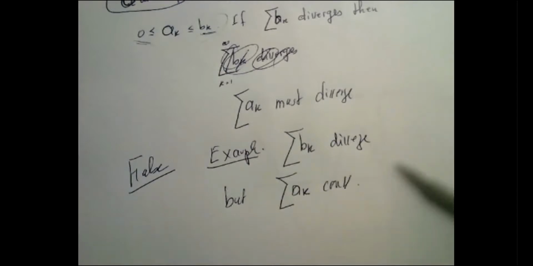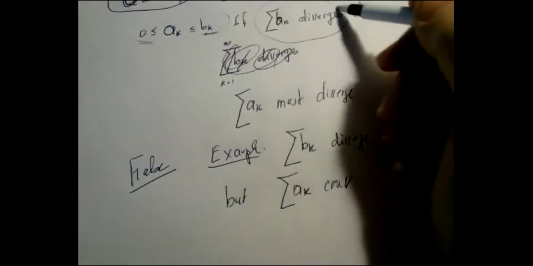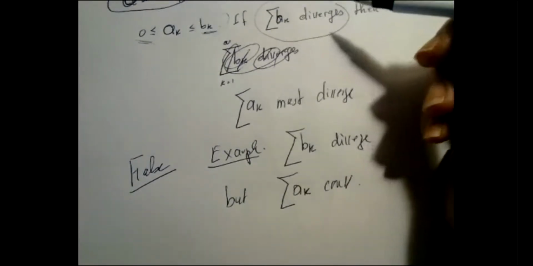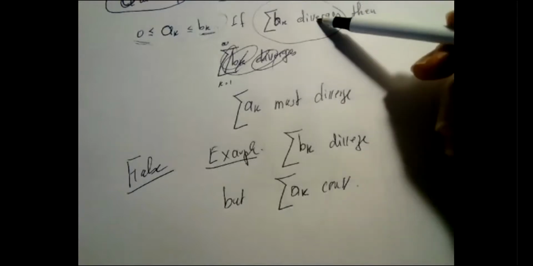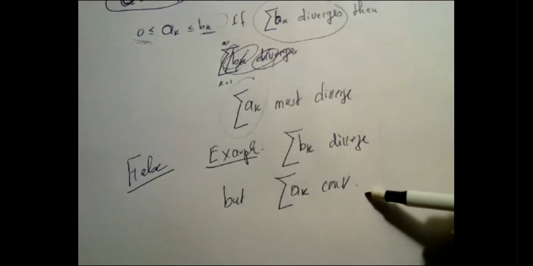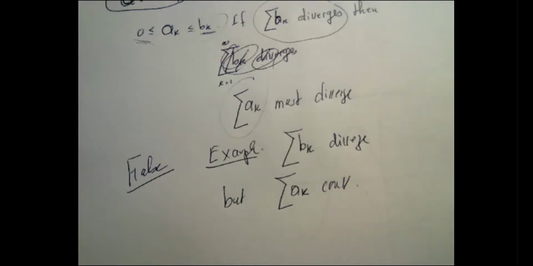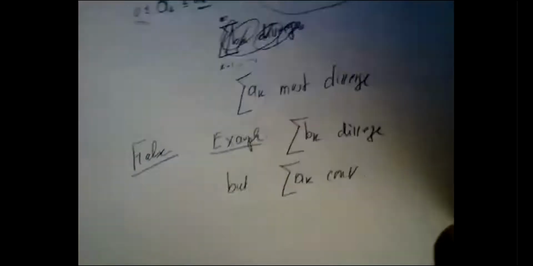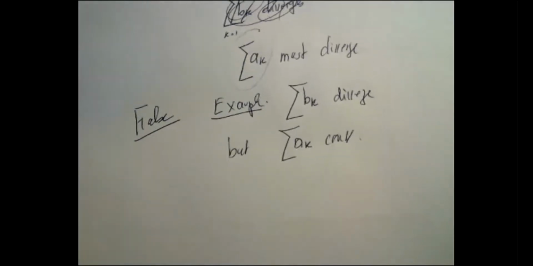So in the example, the property is satisfied, which we usually call the hypothesis, but the conclusion, sigma AK, should not be true. It means this one converges, and the example should work. Some students of course gave me a good example. So let me give you a very, very easy example.